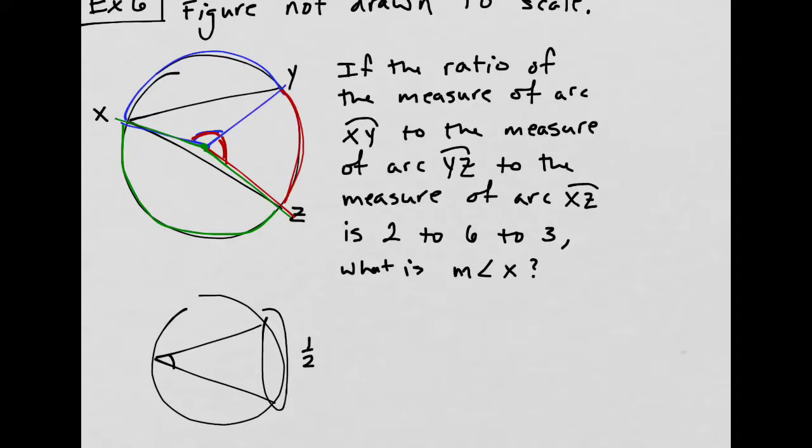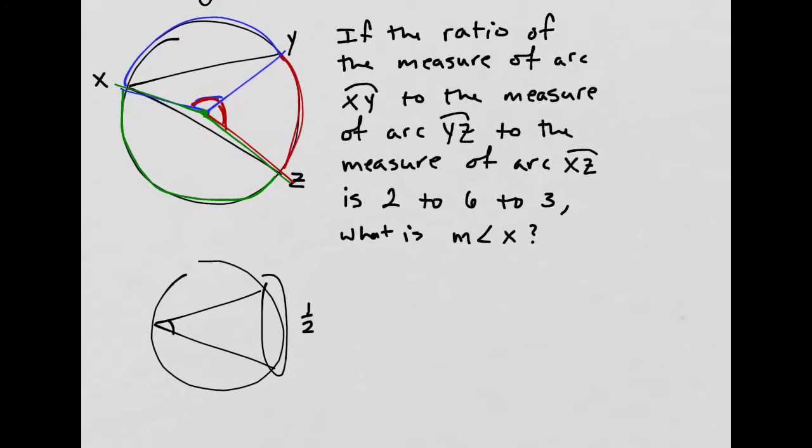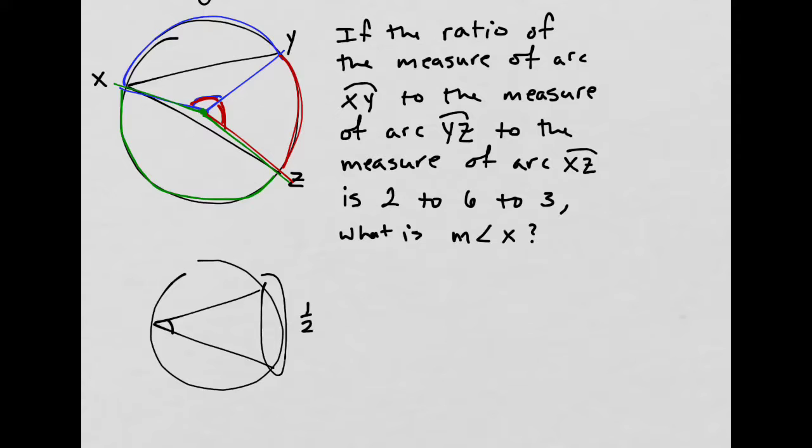If I'm given a ratio like this, this is what I'm going to do. I know the entire circle is 360 degrees, so this plus that has to equal 360 degrees. I just don't know what they are. But if I divided the measure of arc xy, the top one, by the measure of arc yz, I should get 2 over 6, which is 1/3.